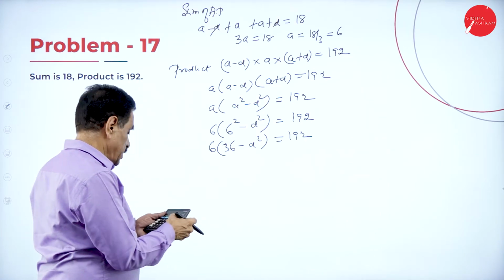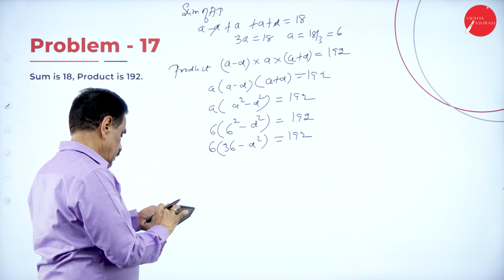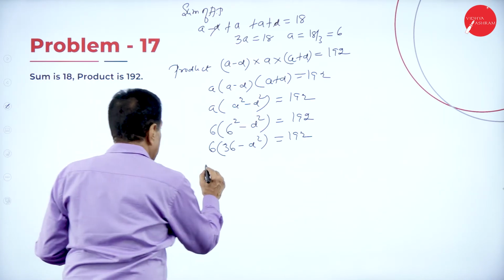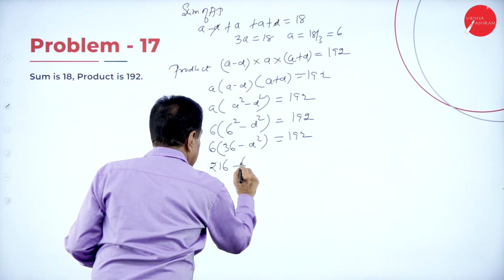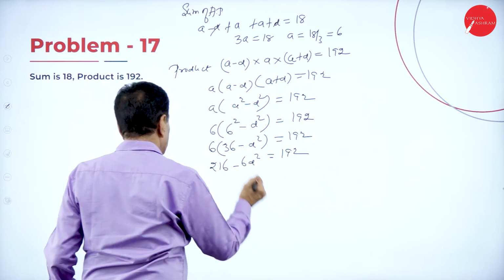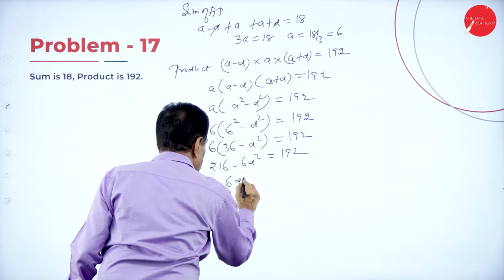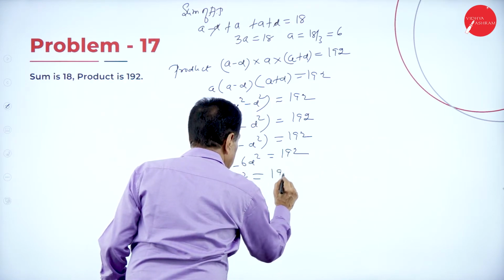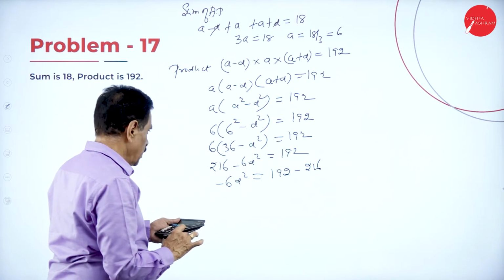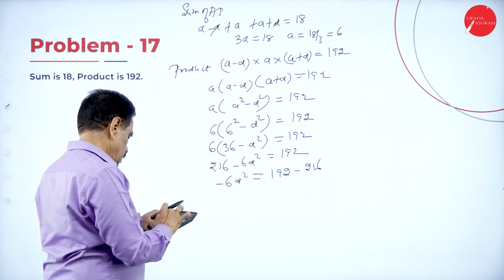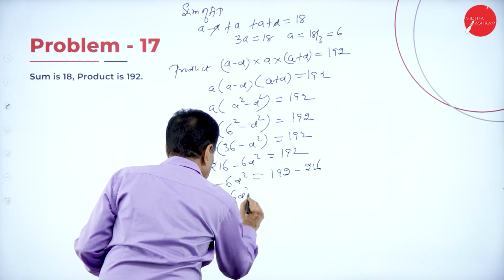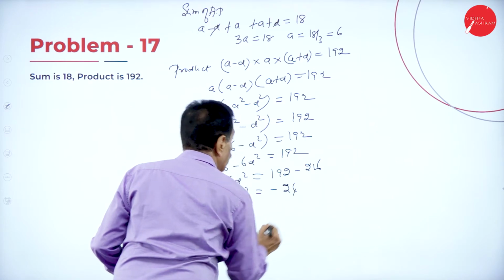So 36 into 6, 216 minus 6D square is 192. Minus 6D square, 192 minus 216 is minus 24. So minus 6D square is minus 24.